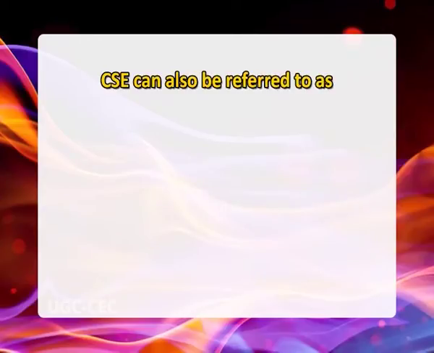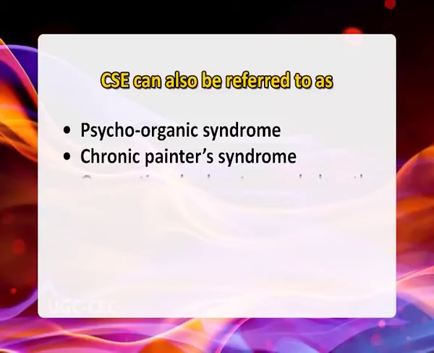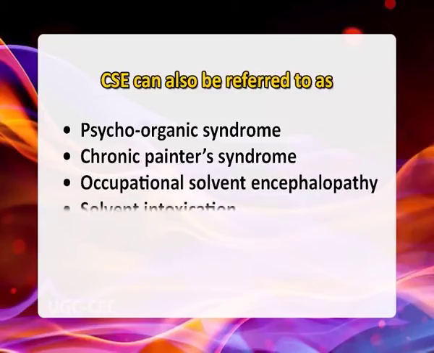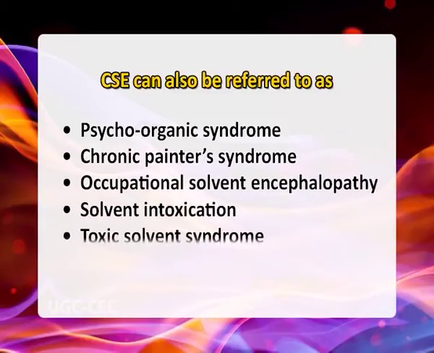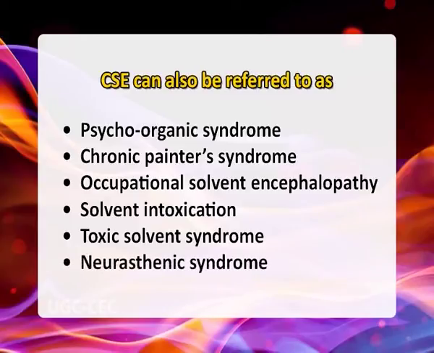This syndrome can also be referred to as psychoorganic syndrome, chronic painter's syndrome, occupational solvent encephalopathy, solvent intoxication, toxic solvent syndrome or neuroasthenic syndrome. These multiple names, combined with inconsistency in research methods, make referencing this disease difficult and its catalogue of symptoms vague.